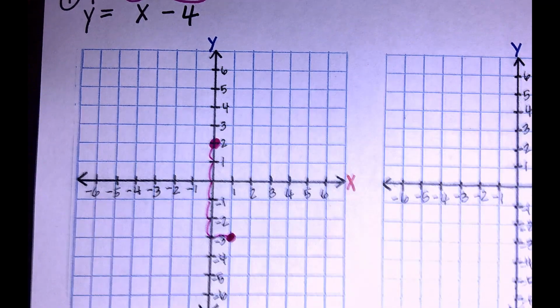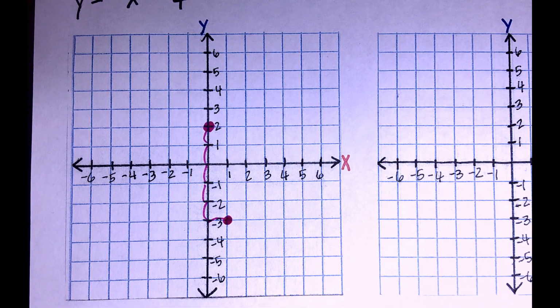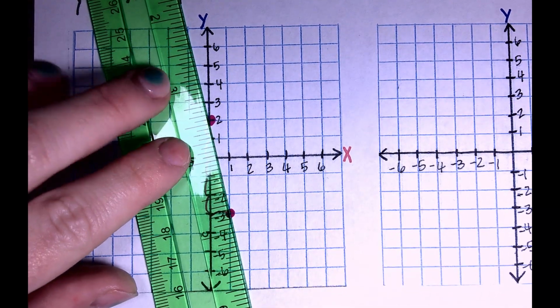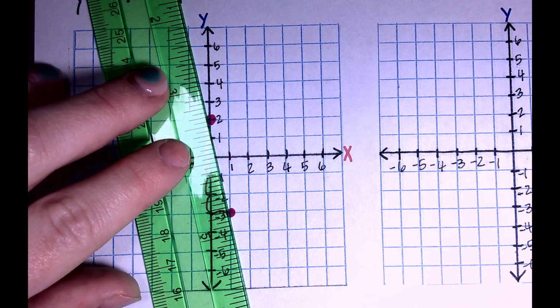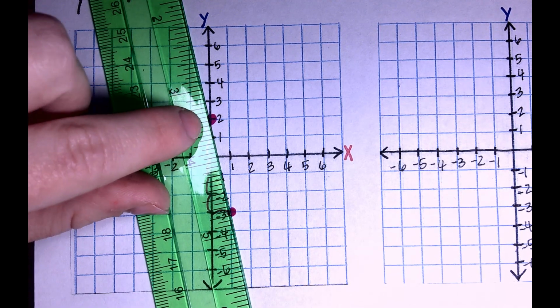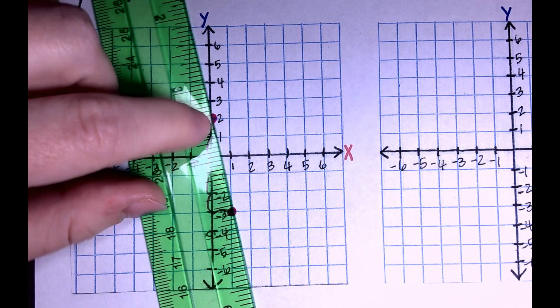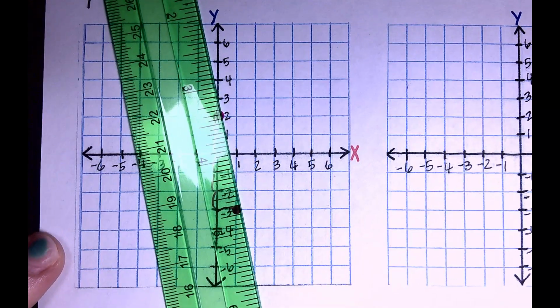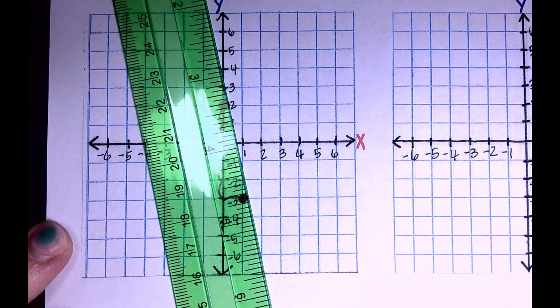So I've got my 2 points. What do I do last? Connect the dots. I'm just going to take my ruler, and you want to be really precise with this. Make sure that you're landing in the middle of the dots. If I were to graph it over here, it's hard to tell, but that little bit of being off, not right through the points, is not going to be the correct line.